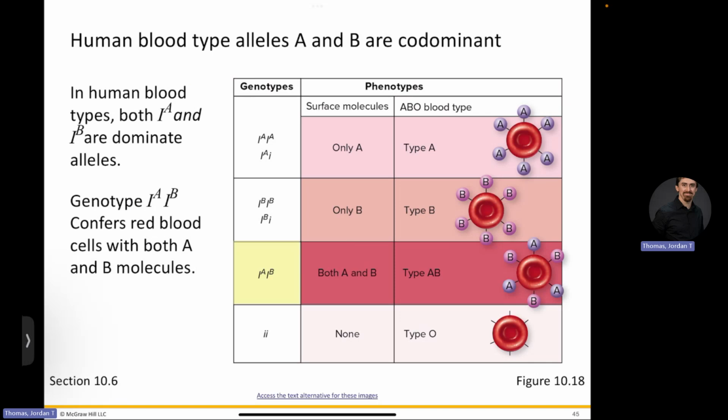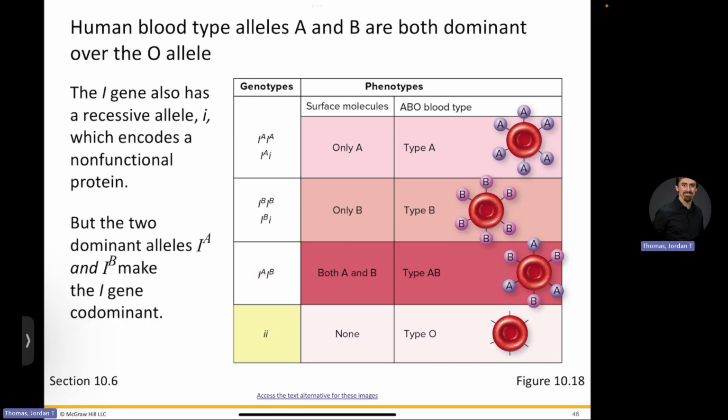Both IA and IB are dominant. If the genotype is IA IB, it confers red blood cells that contain both A and B molecules. And that's what we talked about with type AB blood. We get alleles for both A and B, both are dominant, but there's no mixing. So you get both A and B proteins on the cell.